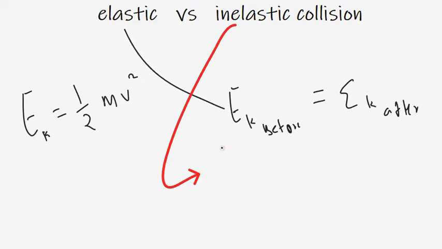What is happening in an inelastic collision? The energy that is had before the collision is not equal to the energy that it will have after the collision. So there will be some energy loss.